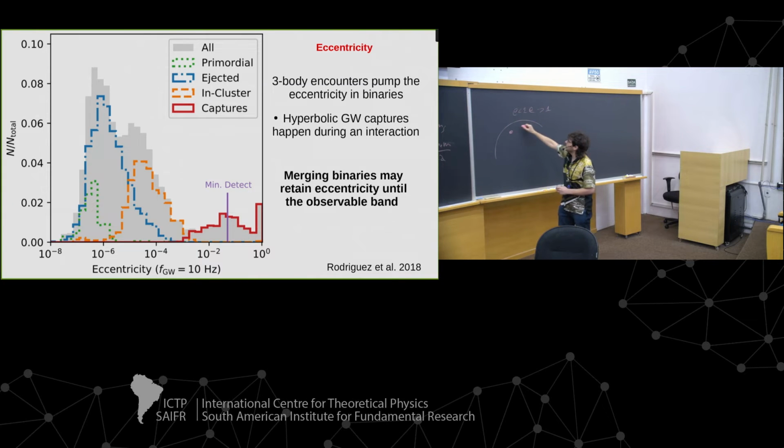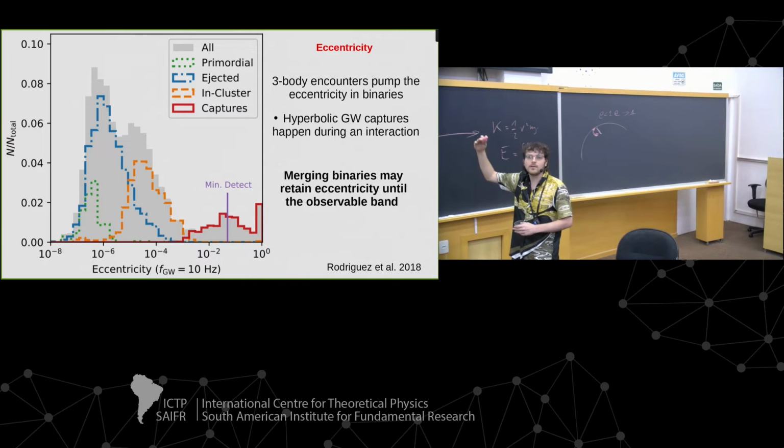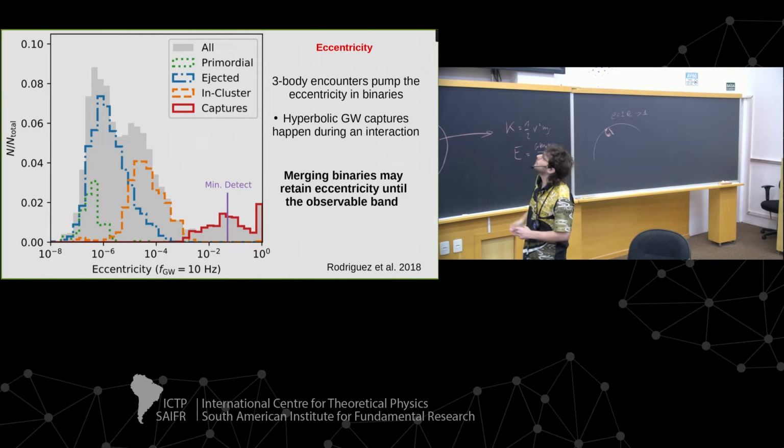So eventually, you radiate a lot of energy, and since this distance has to be very small for this process to be efficient, what happens is basically you have a very, very fast plunge. And it can be shown analytically that you expect a very high eccentricity, very close to 1.